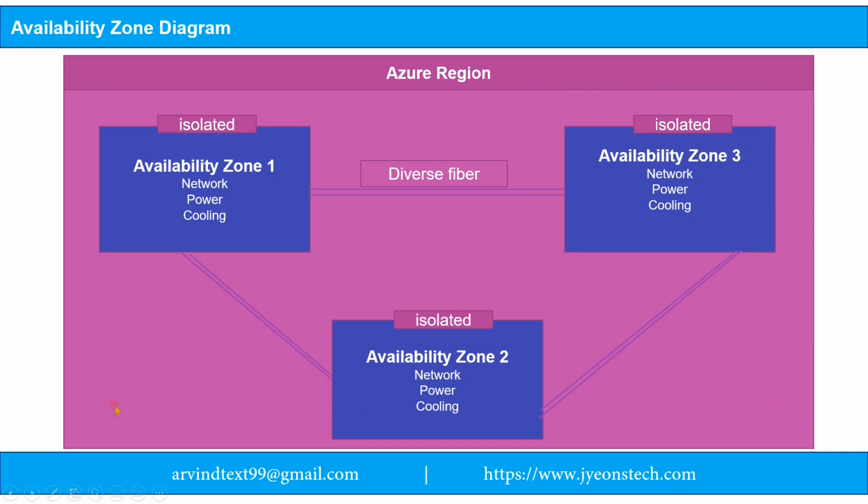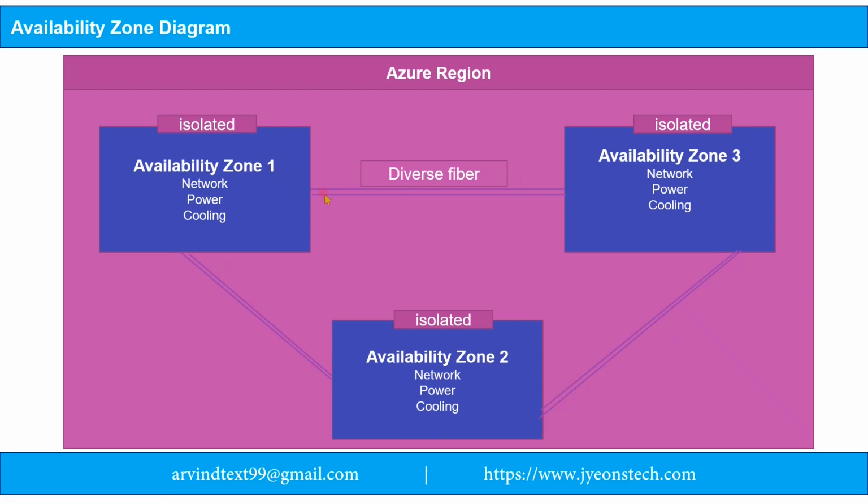In an Azure region, availability zones are defined, and you can see there are three availability zones here. An availability zone has a data center, and it is a physical location with a data center isolated with its own network, power and cooling. All the availability zones within the region are connected by diverse fiber.